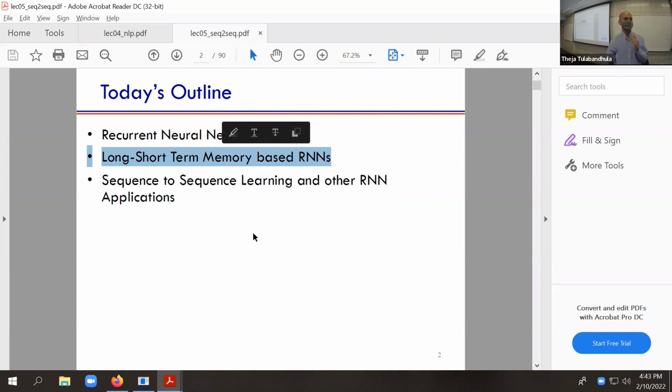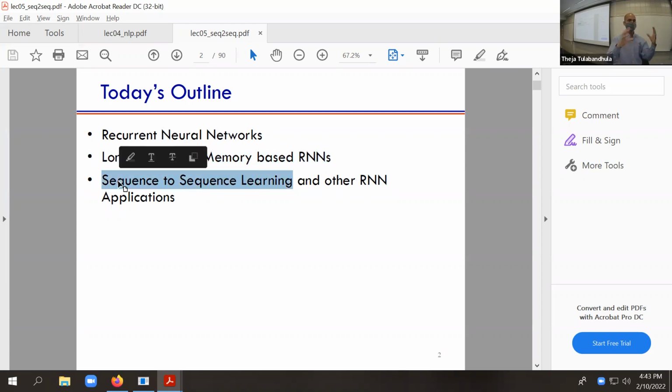Then, if there's time, we'll talk about other RNN applications, and also look at sequence learning in general, what types of sequence problems there are. We'll look at a couple of applications, mostly translation and things like that.